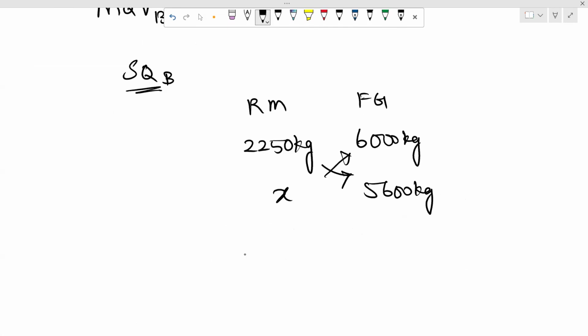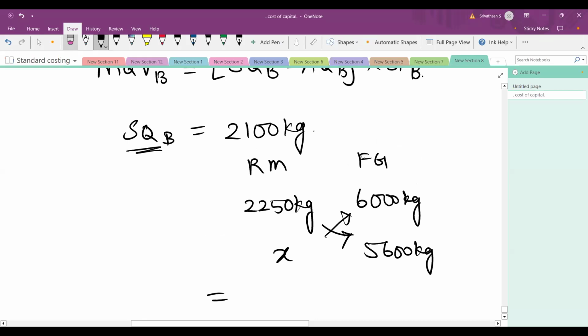Standard quantity of B is equal to 5,600 into 2,250 divided by 6,000, we get 2,100 kg. So we should have consumed 2,100 kg of raw material B to produce 5,600 kg of finished goods.